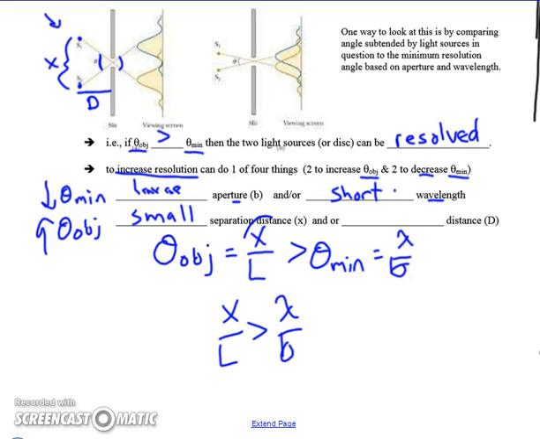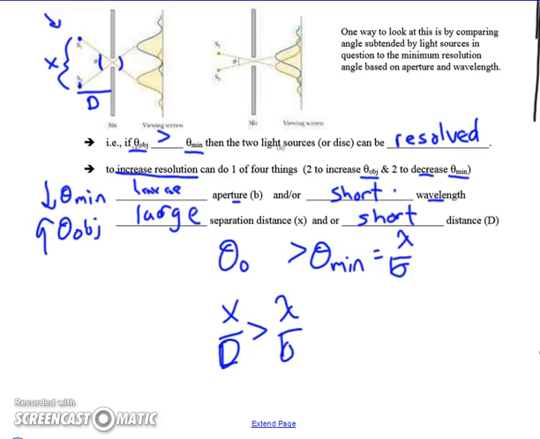If our equation is this, the smaller this is, all right, so I made a mistake on that earlier. I want a large separation distance x, and I want a short distance to the object d. I used L over here. This should be a d. Okay, so that's theta object.